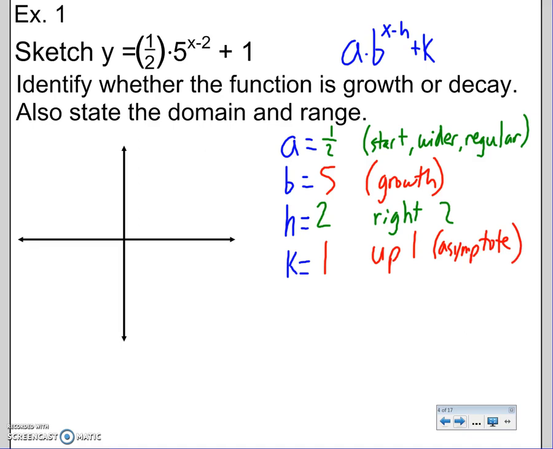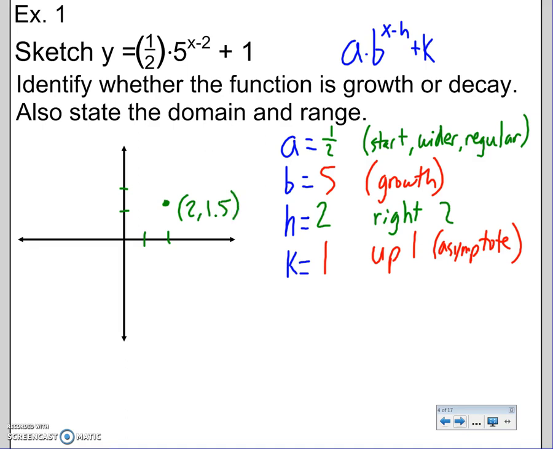So let's graph this. I should start at 1/2. So this is 1. Let's call 1/2 right in the middle of that. But it says go right 2, up 1. So here's 2. I'm starting at half. I go right 2, and then up 1 right here. This point should be 2 comma 1.5.